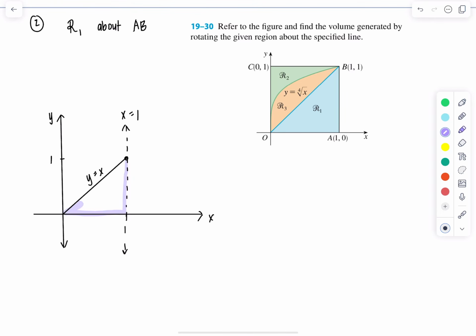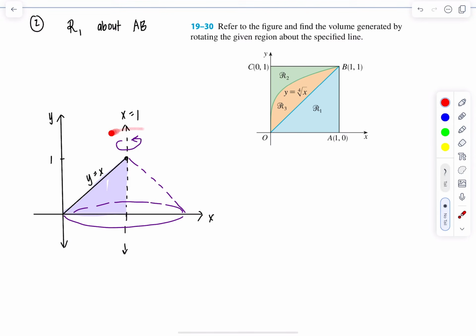Let's shade everything in purple. Okay, beautiful. We're spinning this region around x equals 1. So it's going to come over here and flip. And I don't usually draw too much, but it's going to look something like that. Okay, cute little cone.